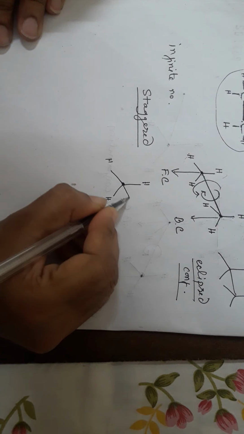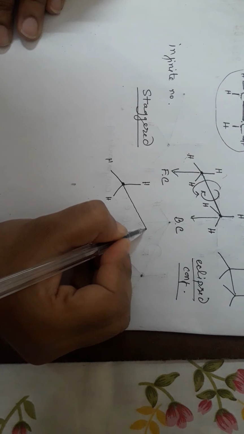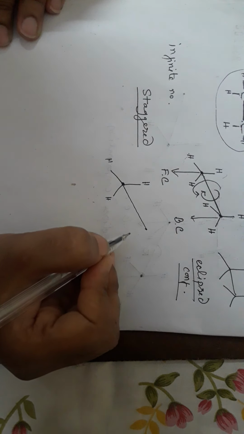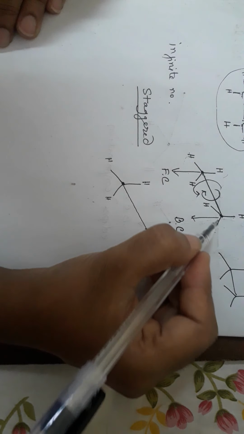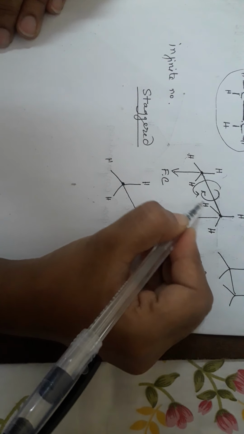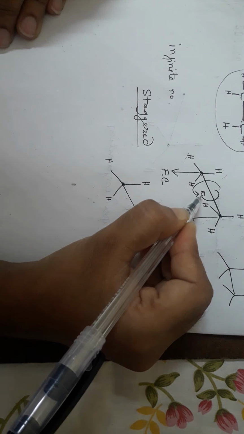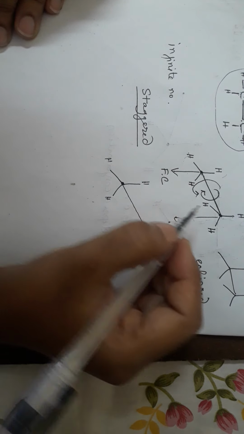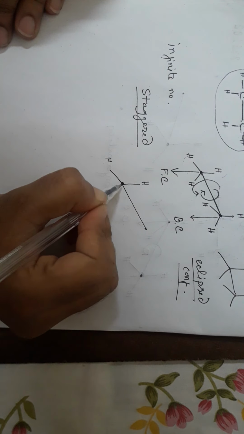Again an elongated carbon-carbon single bond. This one was the back carbon. But here what we will do, I will rotate this either clockwise or anti-clockwise so that the groups linked with the front carbon are kept intact.